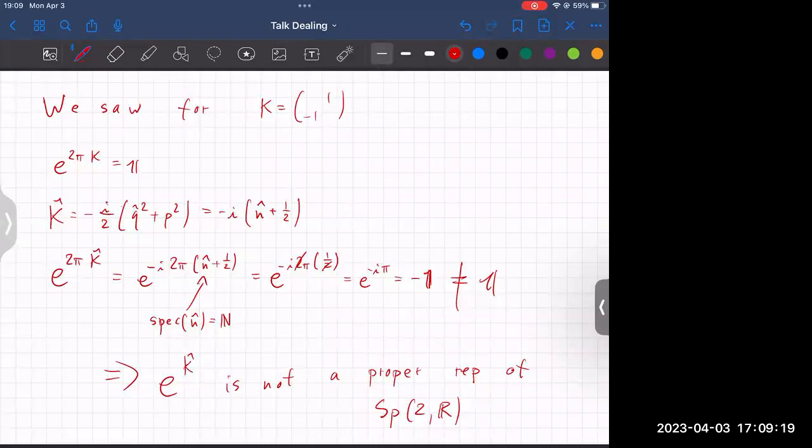But what is it instead? What does our unitary Gaussian transformation represent? And the answer is it represents the so-called double cover, also known as the metaplectic group.